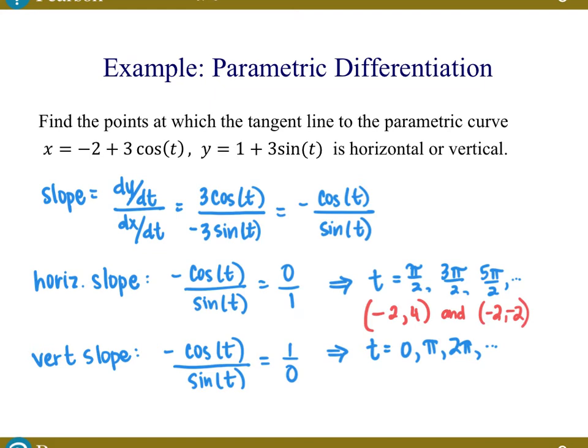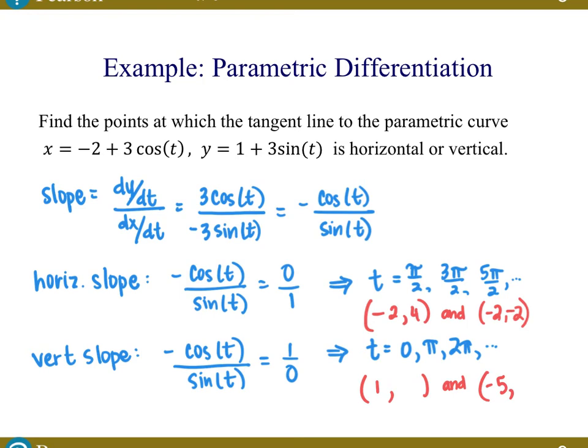For a vertical slope, we'll plug in the parameter of 0. If I plug in 0 or 2 pi or 4 pi, then the cosine will always be 1. But if I plug in an odd value of pi, so pi, 3 pi, 5 pi, etc., then my cosine value would be negative 1. So I'm either going to have x values of 1, or I will have x values of negative 5.